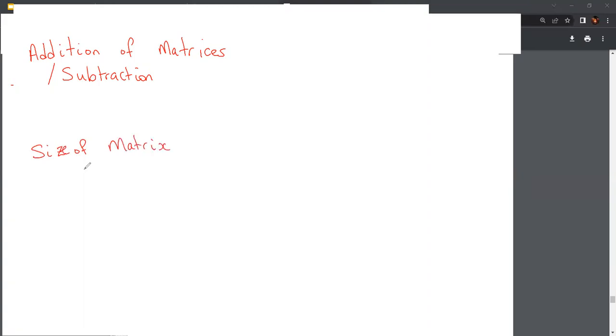I can tell the size of a matrix, or the order of a matrix, by counting the number of rows by the number of columns. So we'll understand the size of the matrix first.